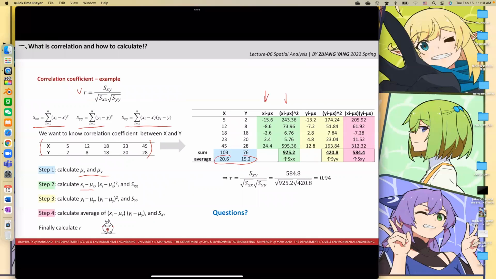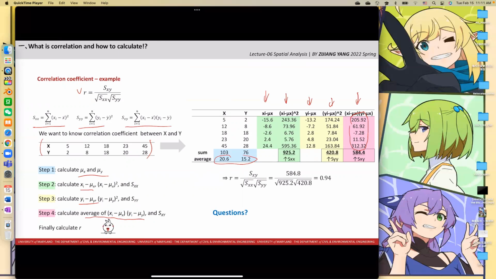And we calculate the square of each one. Then we calculate Yi minus the mean of Y, and we calculate the square of them. Finally, we calculate the average of the cross products, so we calculate the cross product of each one.